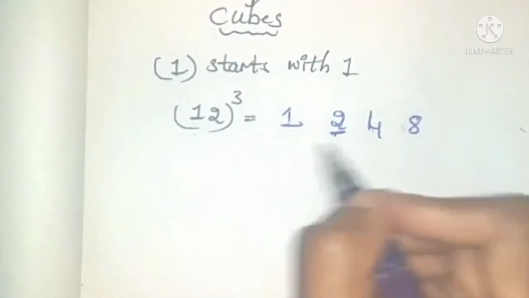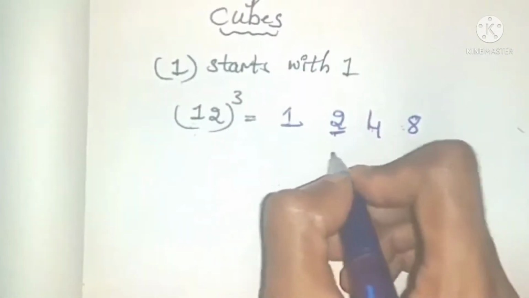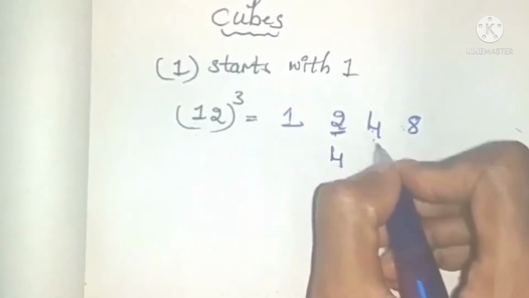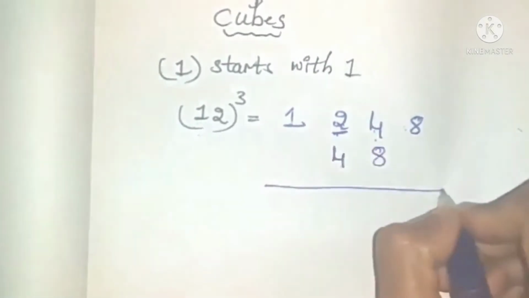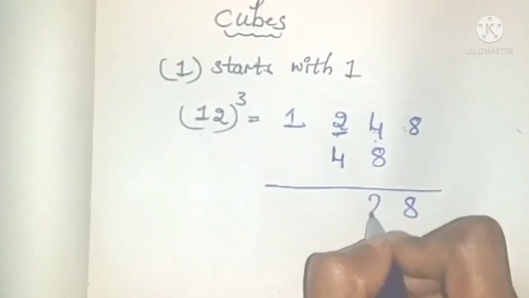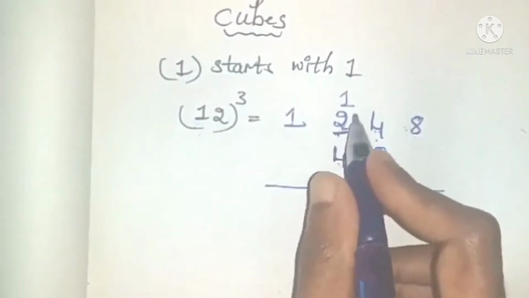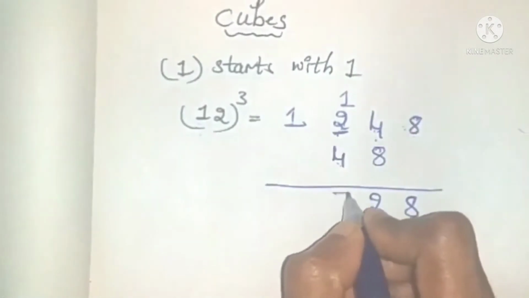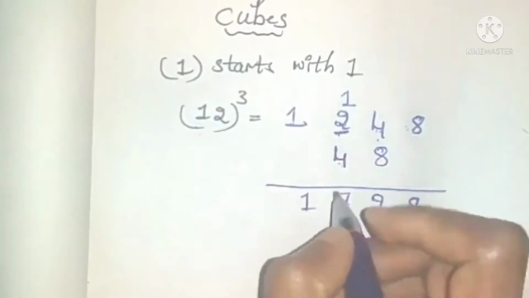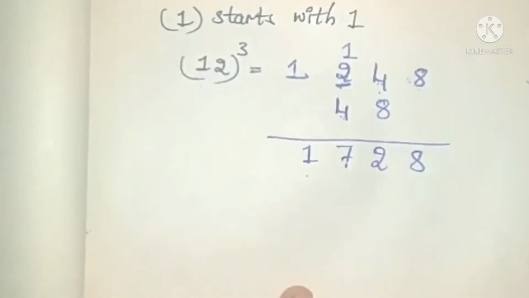Now leave the first and last. Now double this number. 2, when we double this, what it will become? 4, and 4 will become 8. Now write this 8. 8 plus 4 is 12. Take 2 and carry 1. 4 plus 2 is 6. 6 plus 1 is 7. And this 1 will be as it is. 1728 is your answer for 12 cube.